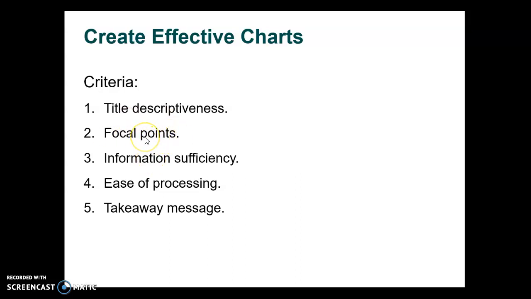There again, it's going to depend on the kind of data you're doing. Information sufficiency: they have enough data to understand what you're presenting. It should be easy for them to process, and they should have a major takeaway. So in the example that I just gave, it was clear to everybody that student A made the highest grade, for example. So that's what you want in your business report charts.